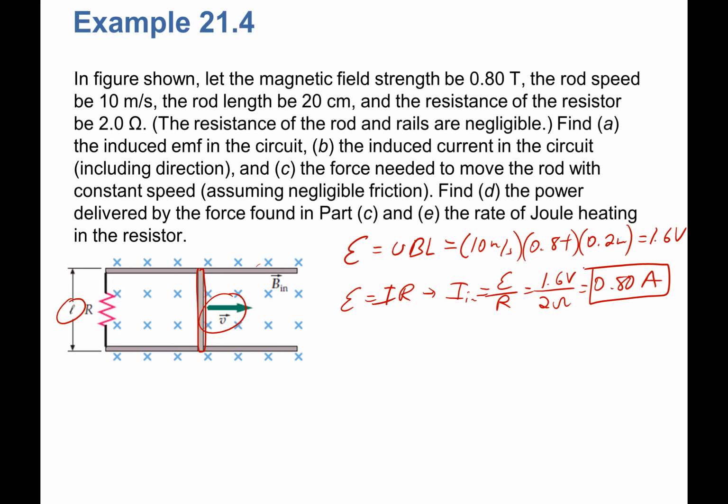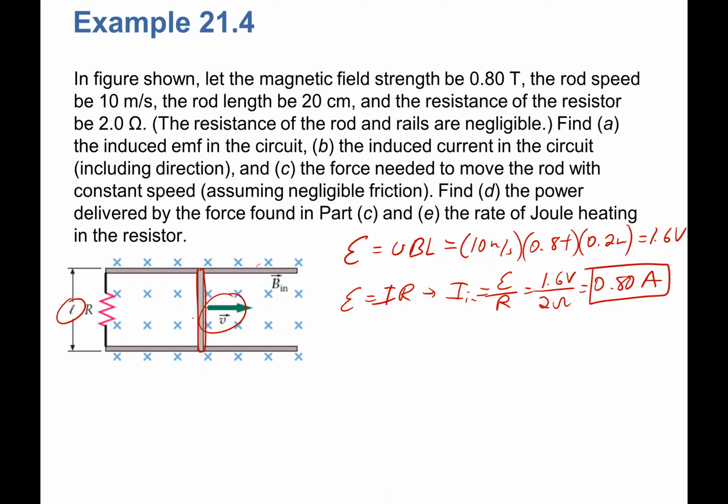Well, the next it says, what is the force needed to move the rod with constant speed? All right, so this is different. This is not the force that I was talking about that moves the charges and separates them inside. This is going to be the force generated on the wire because of the external magnetic field.